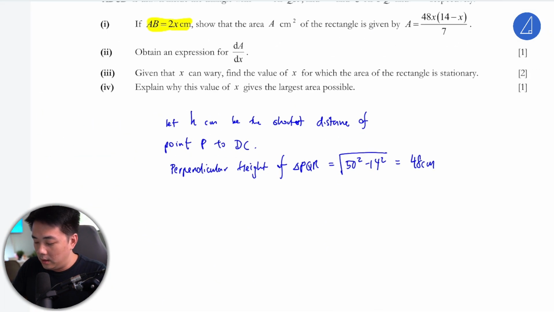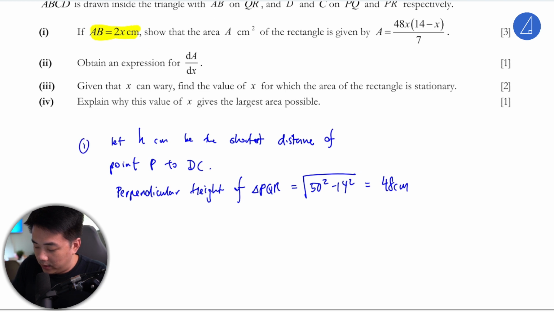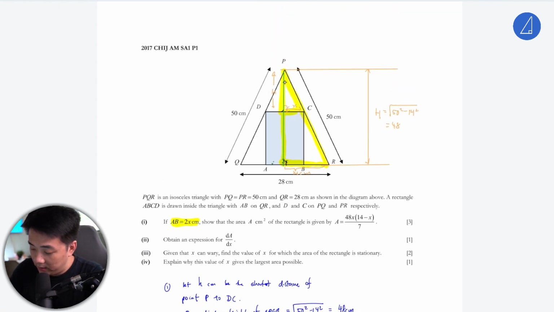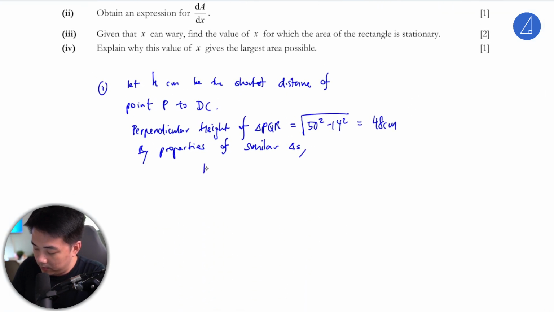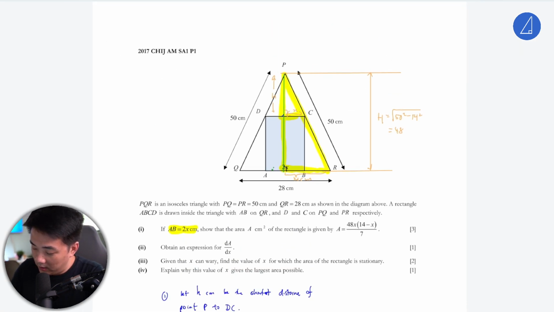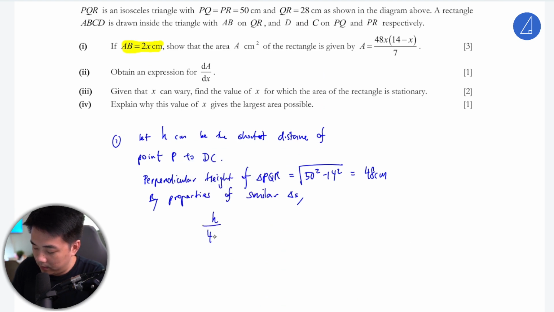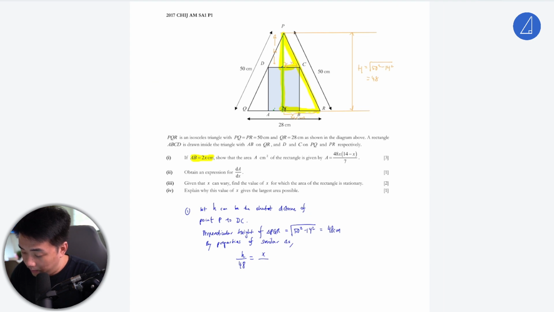Okay, so by properties of similar triangles, we know that h over the total height 48 is given by x over 14.